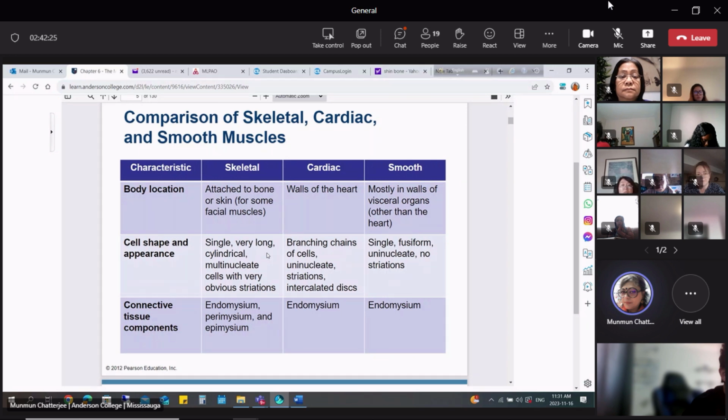Smooth muscle cells are uninucleated, yes or no? Smooth muscle cells have striations, true or false? Same thing as the cardiac: it is uninucleated, but it has the striations. So the smooth muscle cells are uninucleated but have no striations.